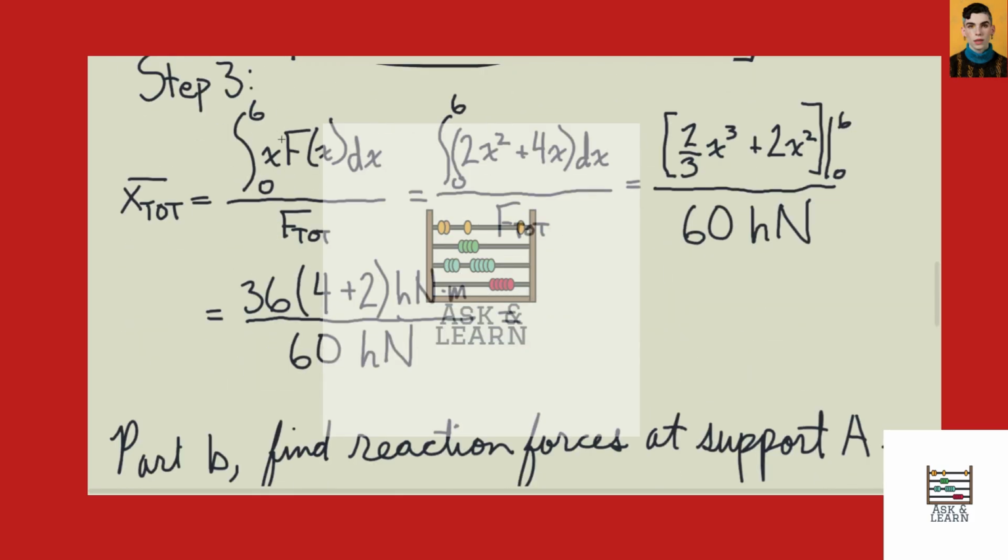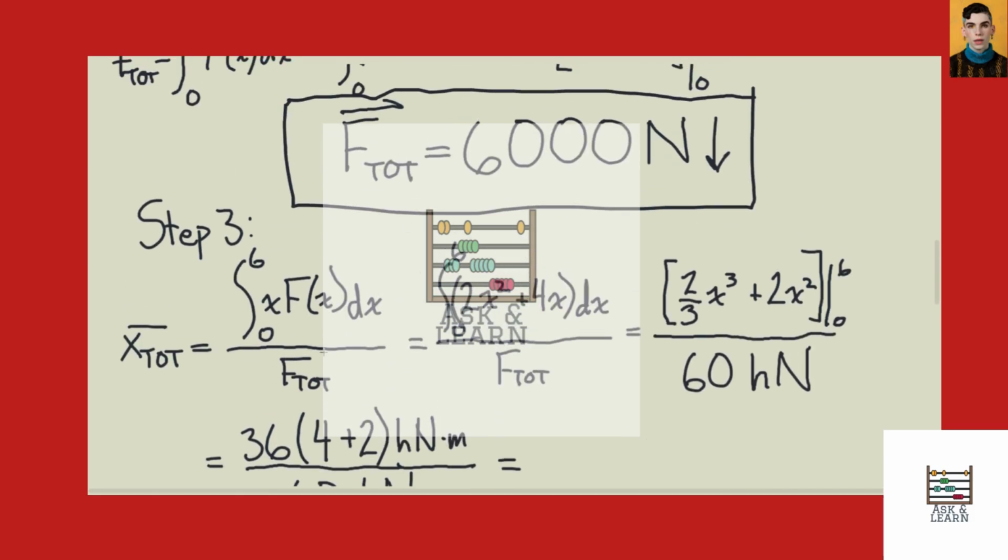To find the centroid, we will use that force load density function that we defined, but this time we're going to integrate that by the product of x over the span of dx. So this is going to turn out to be a different integral in the numerator. Our denominator is simply the total load, which we determined in the previous step, step 2.